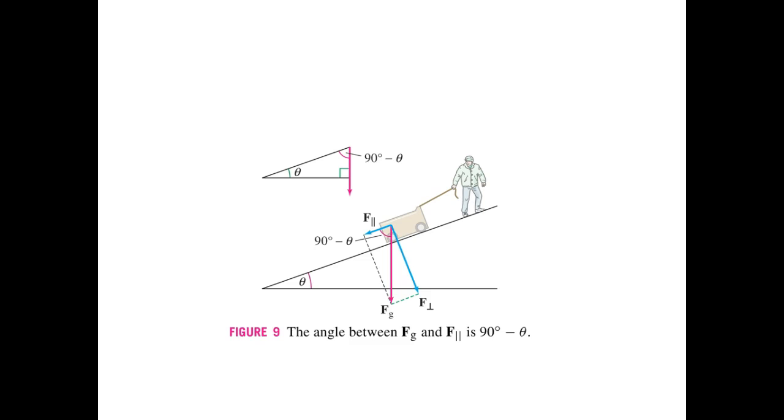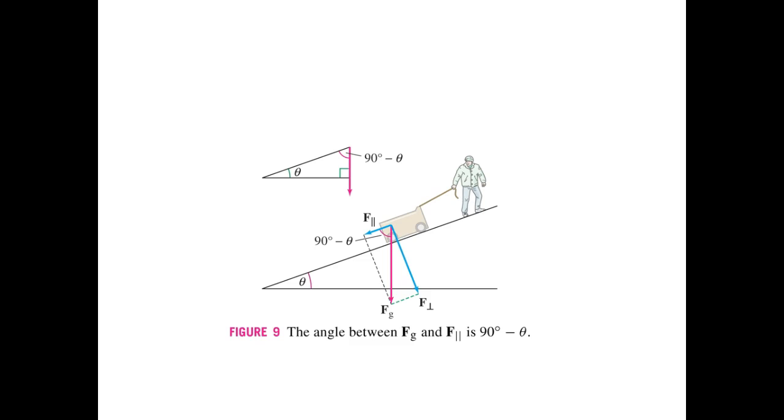And what you do, if this is the angle theta, then, as they show you here, this is 90 minus theta, because if this is theta, and this is not, this is vertically downward, okay? So this is a right angle here, this is 90 minus theta here, and that's a similar angle to that.